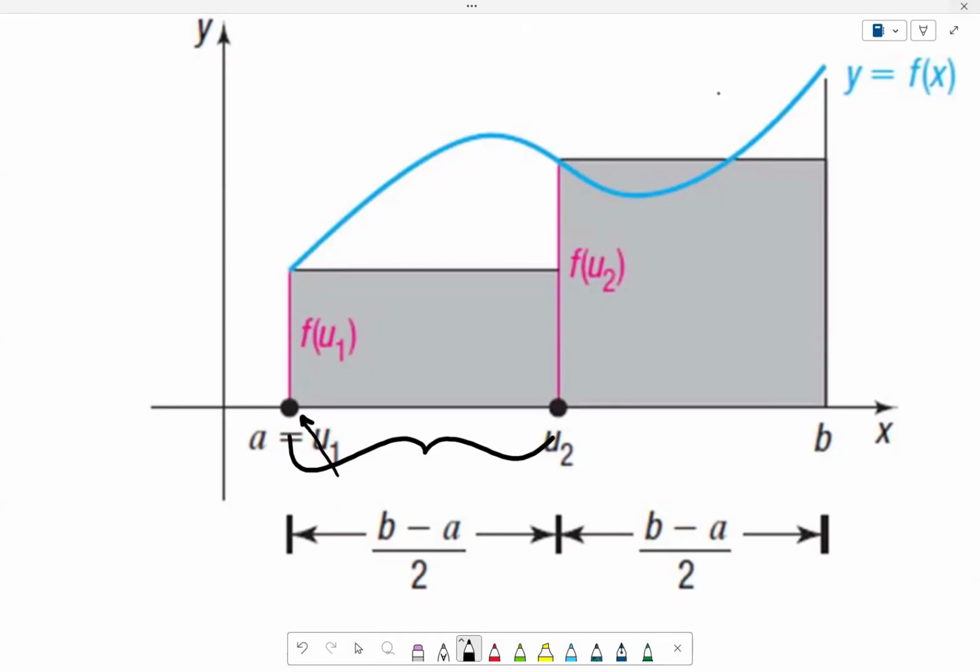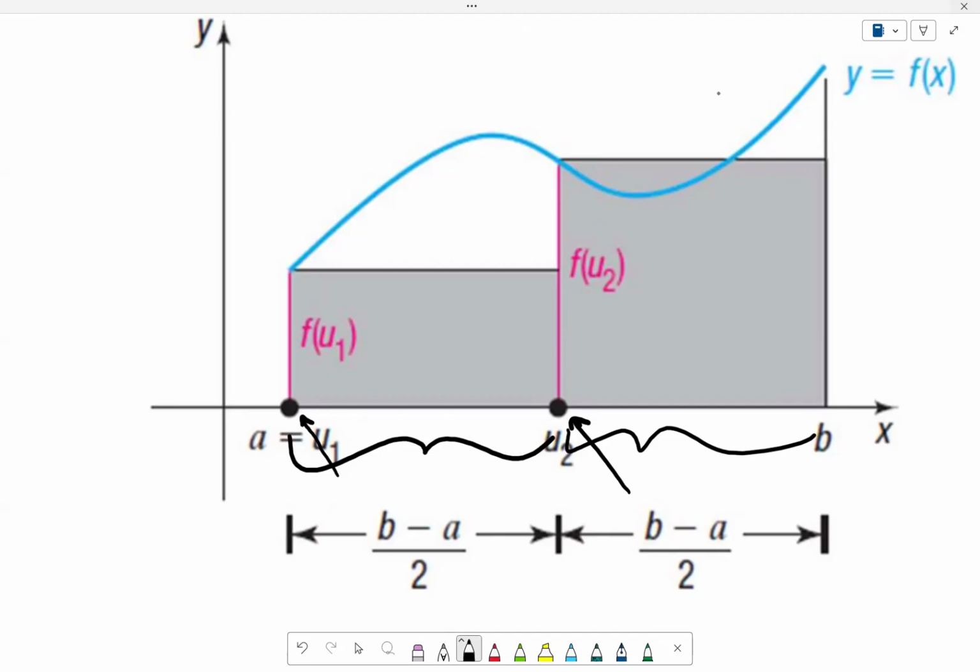And for the second interval, how high should we make that rectangle is the question. It's always either going to be the left side or the right side, or even sometimes the midpoint. None of this is for this class, but next year you'll see. Sometimes the height of the rectangle is determined by the midpoint.